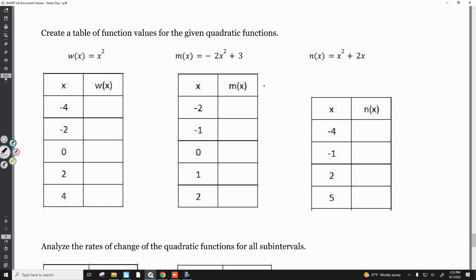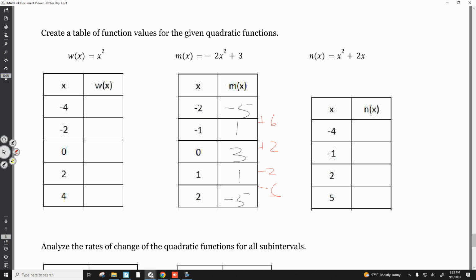Here, I plug in negative 2, get 4 times negative 2, negative 8 plus 3, negative 5. What happens? Add 6, add 2, subtract 2, subtract 6.